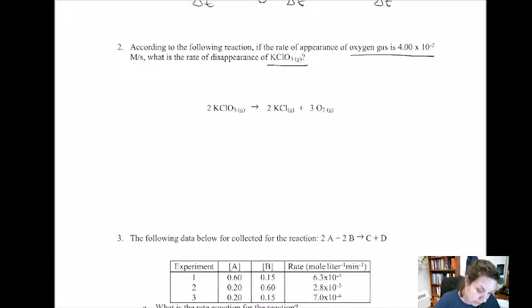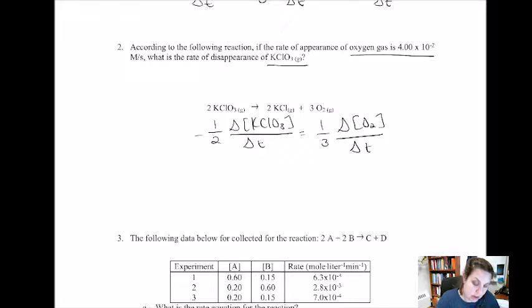So the way we relate this is -1/2 delta KClO3 over delta T is equal to 1 over 3 delta O2 over delta T. We see from our problem that the rate of appearance, so this portion right here, is equal to 4.00 times 10 to the -3. So we'll put that into our equation and then solve for delta KClO3 over delta T.